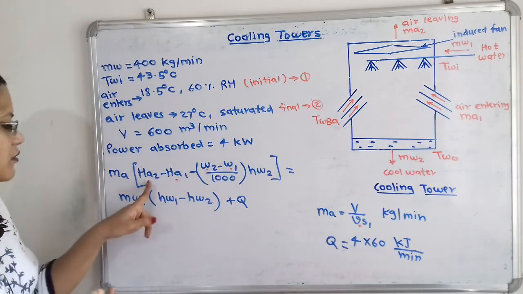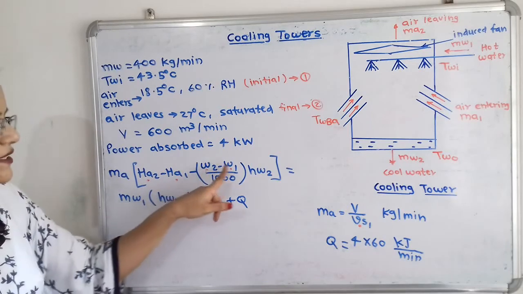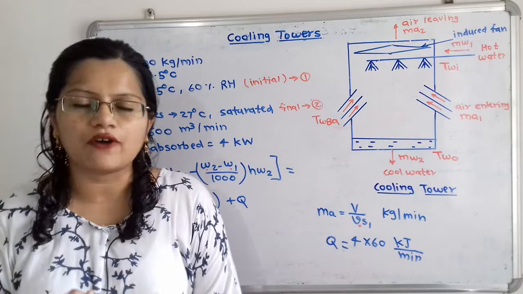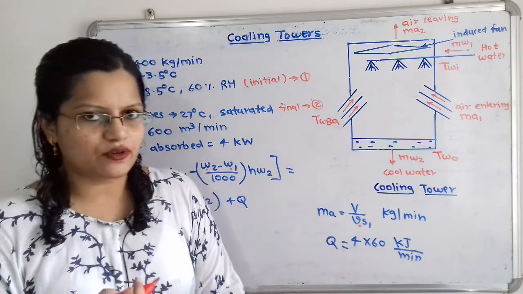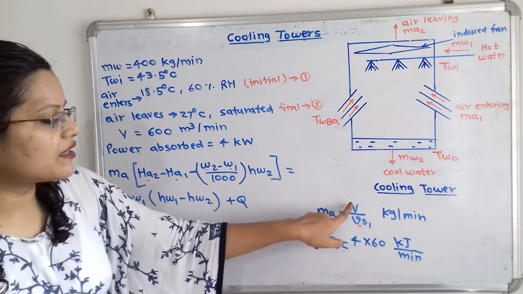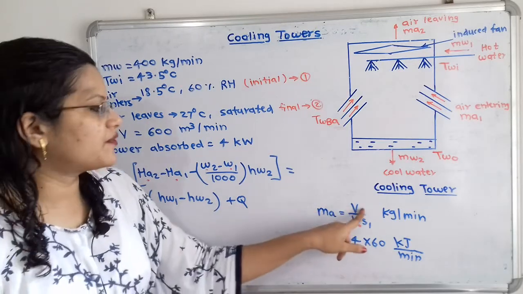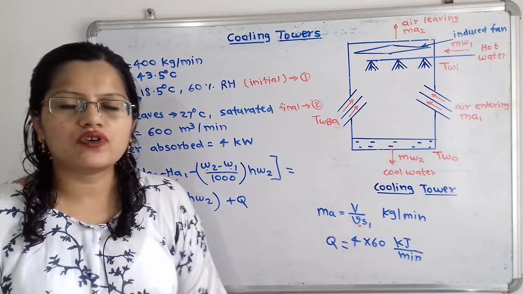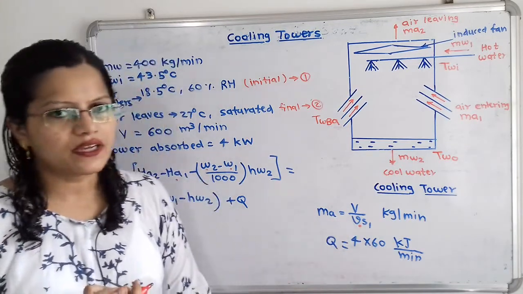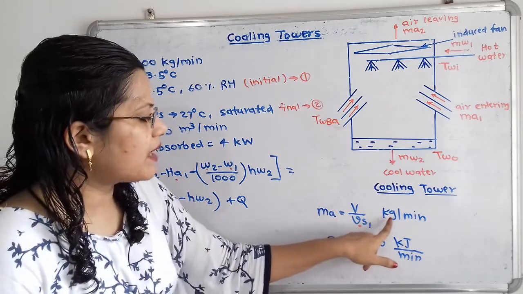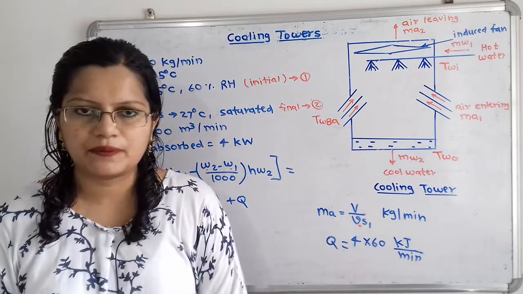So all these values, that is this enthalpy, specific humidity and specific volume, we are going to find out with the help of the psychrometric chart. Now this MA, that is the mass of air, is V by Vs1. So this V is given in meter cube per minute and specific volume is given in meter cube per kilogram. So if we observe here, unit of the mass is kilogram per minute.